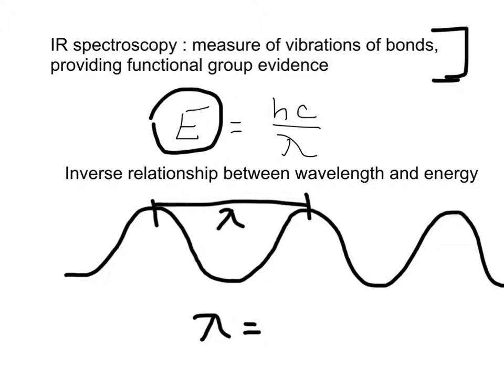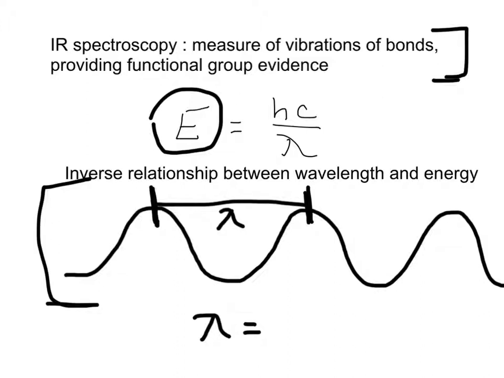And so what we see is that there is an inverse relationship between a wavelength and the energy. And so what we have here is, let's say, a wave associated with a particular energy. And what we see is that the wavelength is the distance between the repeating patterns of that wave.